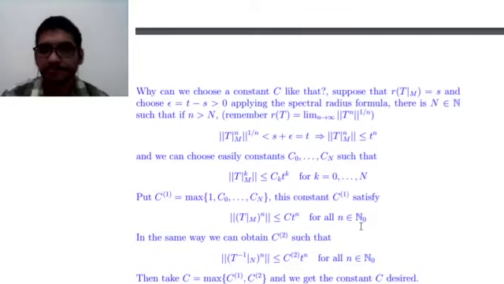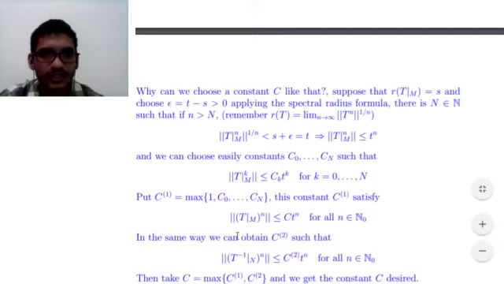Okay, why can you choose this constant? This is easy because t^k is greater than 0, so you can put ck greater than this divided by t^k. There is no problem.